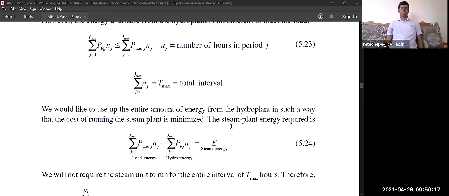So what we are doing is reducing the amount spent on coal by some 50 lakh rupees, and the rest of the power generation we manage with the hydro power station.